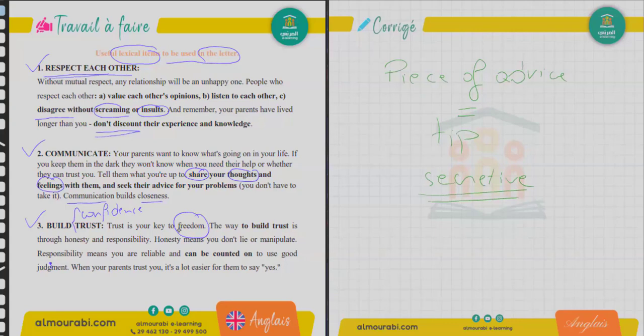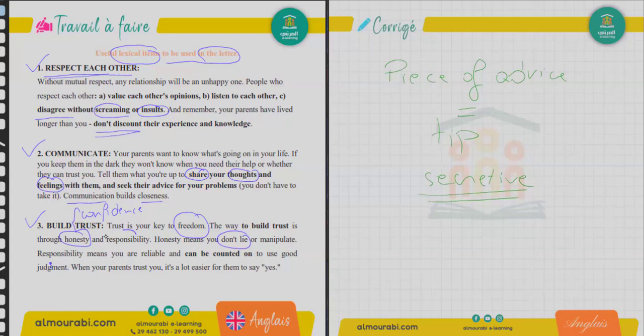Of course, when the parents trust you, they give you some space of liberty, some freedom. When do we build this? When you are honest with your parents. You don't lie. You are just an honest person.